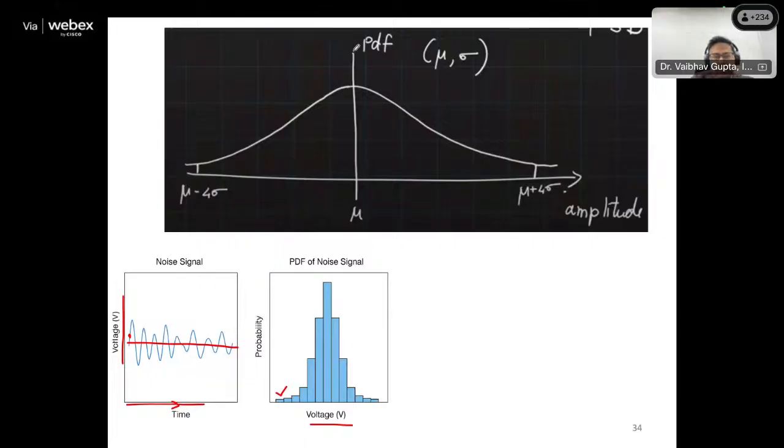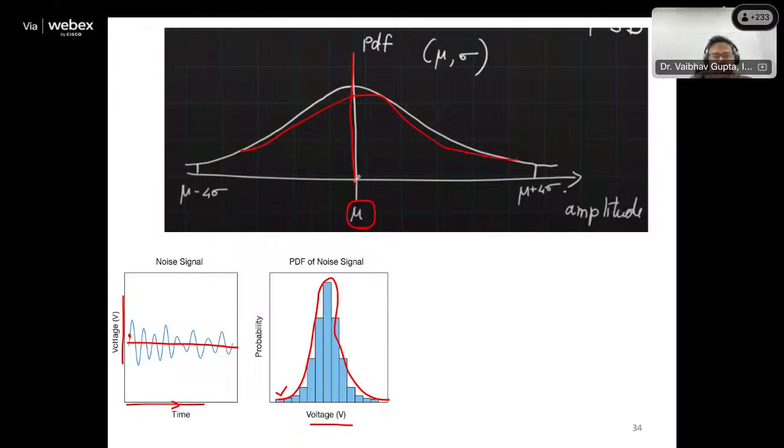Now this probability distribution function has some important features, so I will tell you. It looks like this, which is what has been plotted here. What is the mean value? The mean is given by a term called mu. The mean value will be at the center, which will be mu, meaning there is a lot of fluctuation, but what is the mean value of this fluctuation?